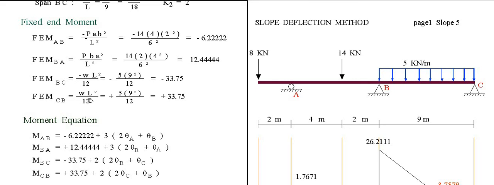Fixed moment CB is positive, WL square over 12, then this is 5 times span of 9 divided by 12. Simplifying, this is positive, so negative, positive, same value. Since this is fully loaded by a uniform load.